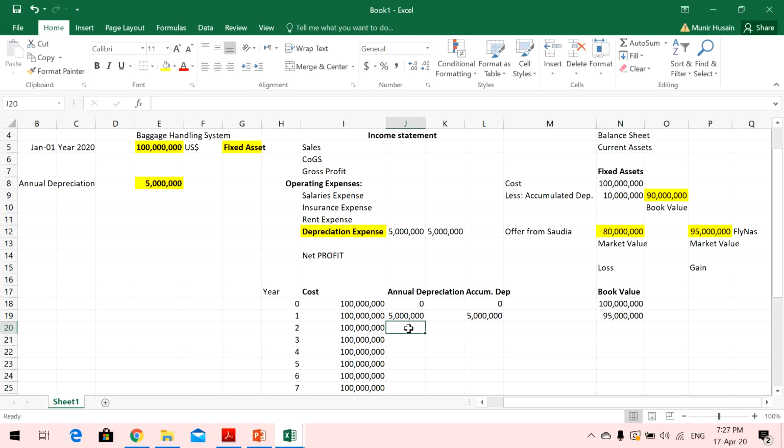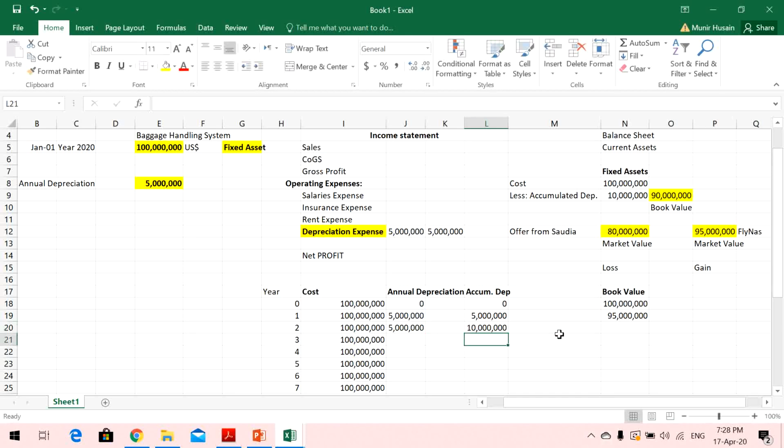So year 2, what is the depreciation? It is the same amount. Depreciation is the same. What is the total or accumulated depreciation? Basically the accumulated depreciation for these 2 years, for year 1 and year 2, so 10 million. Now what is the book value?